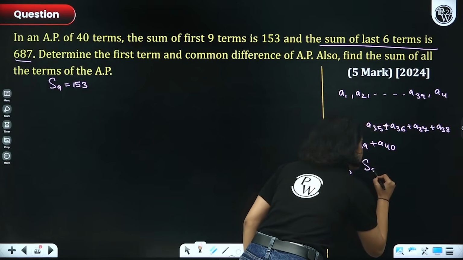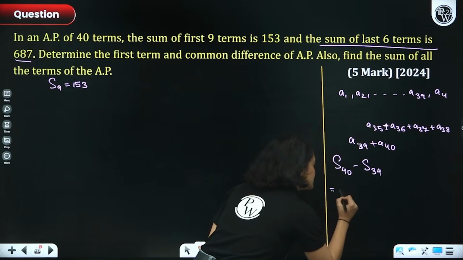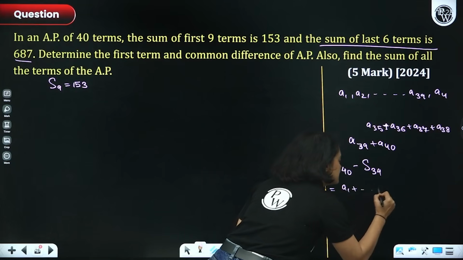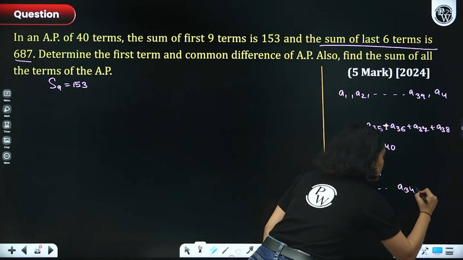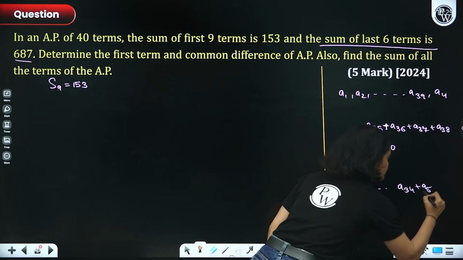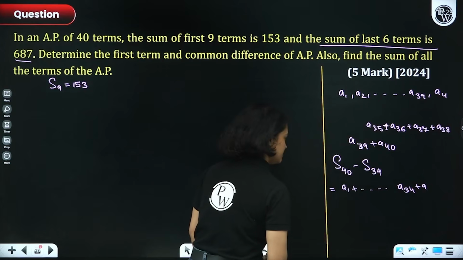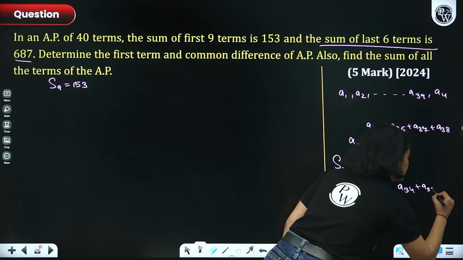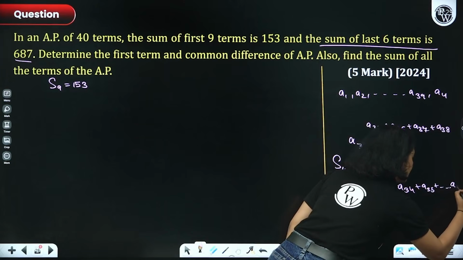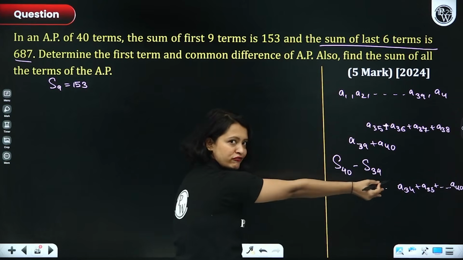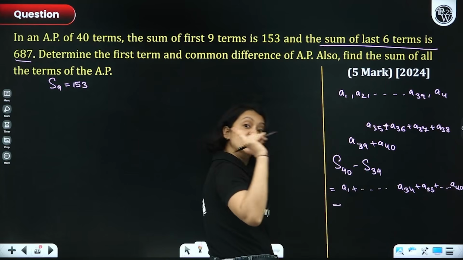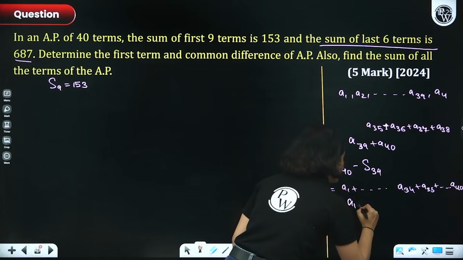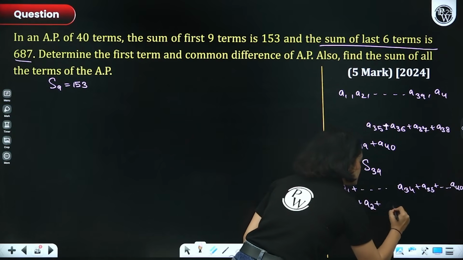S40 minus S34. It would be what? Let's visualize, everyone. A1 plus till A40 we will get. Or I'll write it like this: A35 plus till A40, right? This is the sum of first 40 terms. Now from it, I am subtracting the first 34 terms, so A1 plus A2 plus till A34.